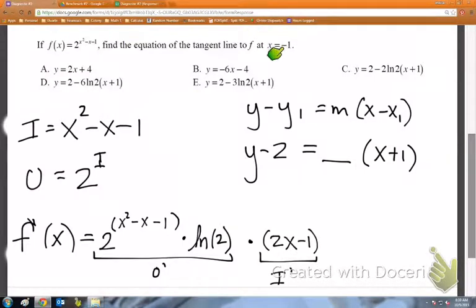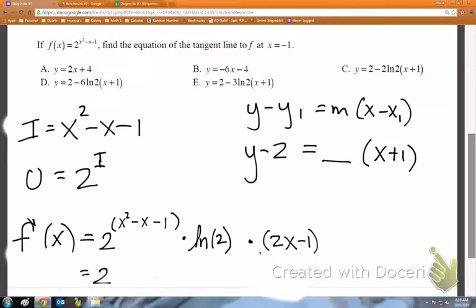So I want to evaluate this derivative at negative 1. I want to figure out what the slope of the tangent line is at negative 1. So I'm just going to plug in negative 1 everywhere I see an x in this entire thing. So let me erase some stuff so I have a little bit more room. So that's 2 times, I already evaluated this for negative 1 actually. Back up here when we figured out what y1 was, we figured out that this is 2 to the first power.